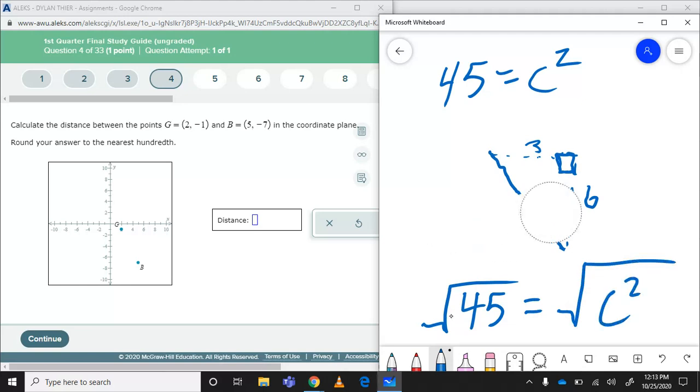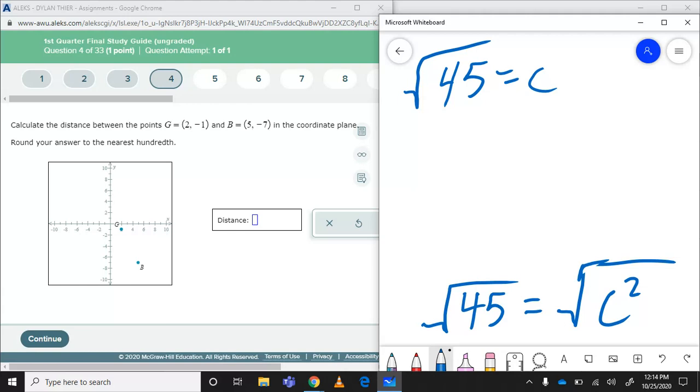When I do that, on the right side, this disappears, and on the left side, we have that our solution is the square root of 45 equals c. And that would be your answer. That's your distance, the square root of 45.